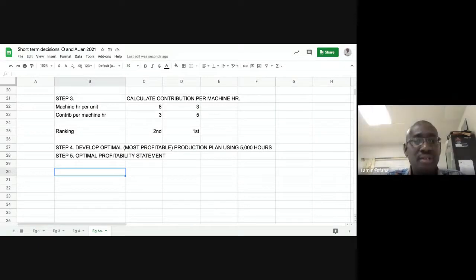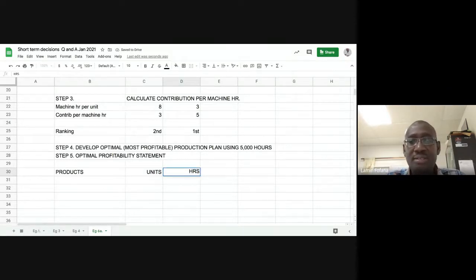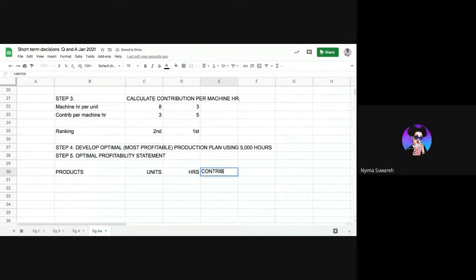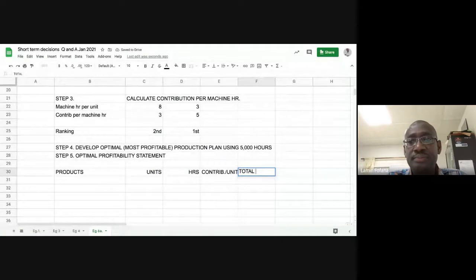So first, I'll have my products. Then the second column will be the units that we're going to need for each, the machine hours, the contribution per unit, the total contribution.